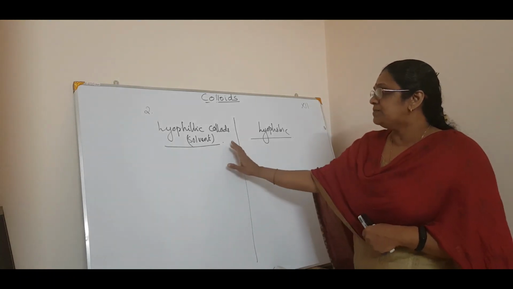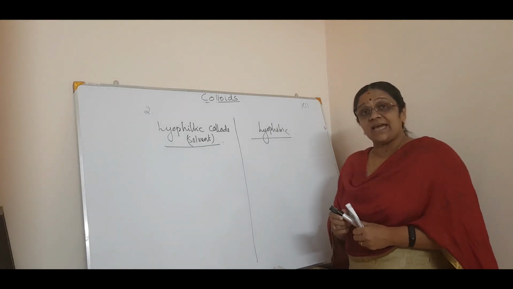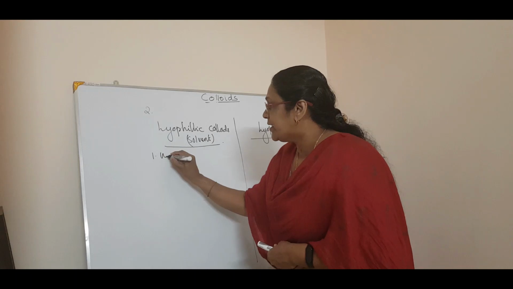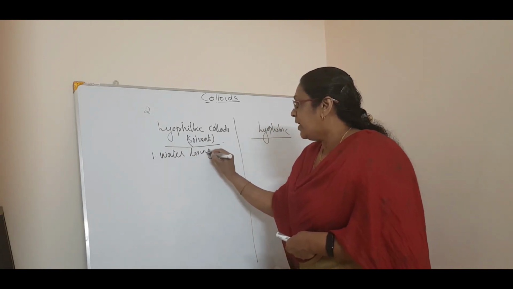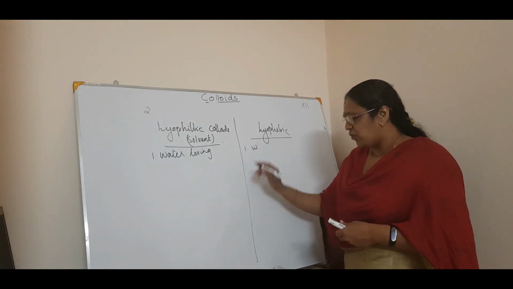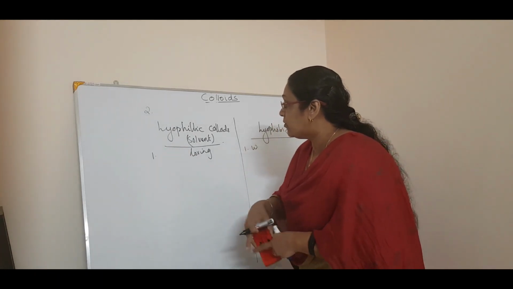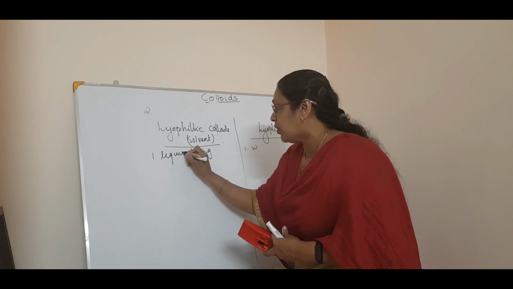Now coming back to lyophilic and lyophobic, you can first say the characteristics. One is water loving or solvent loving, isn't it? Now what about the lyophobic? It is water hating. If it is hydrophilic, I can say liquid loving or solvent loving.